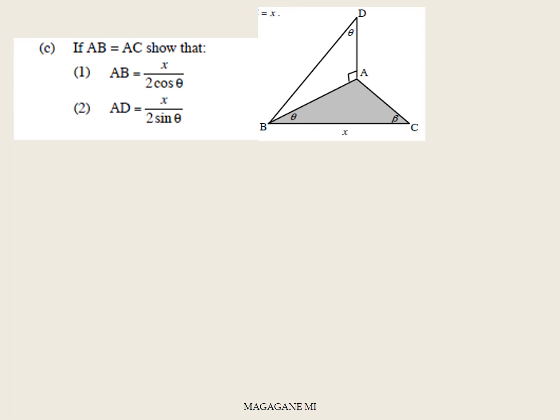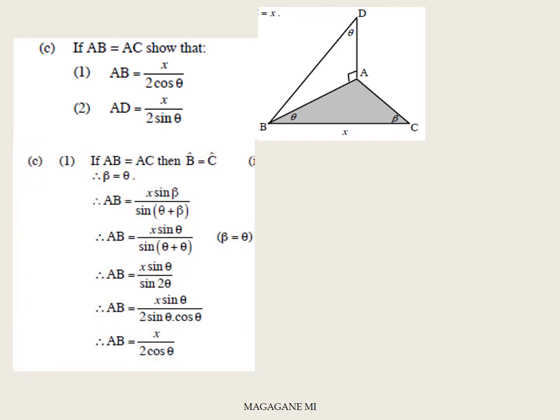Reason being, angles opposite equal sides. Therefore, we go back to letter B, the previous question. AB will be equal to x sine beta over sine theta plus beta. Then we substitute beta with theta. Then from there we have AB equals x sine theta over sine 2 theta.